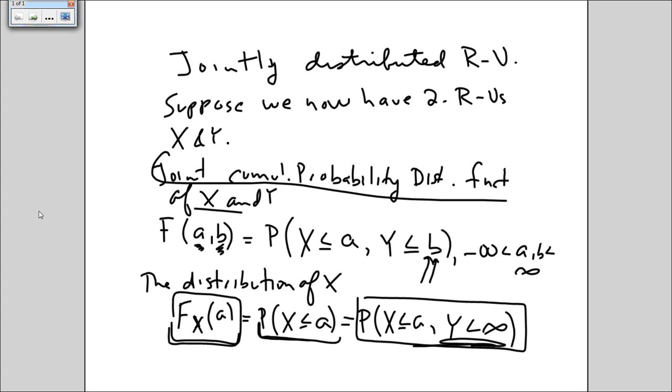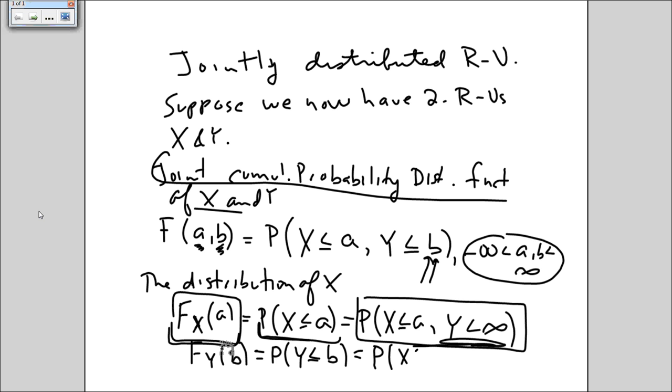And of course, I can define F sub Y of b, and this is going to be the probability that Y is less than b. That means X can be anything. Since a goes from negative infinity to infinity, X is less than infinity.